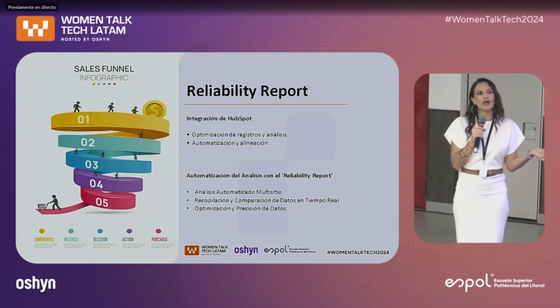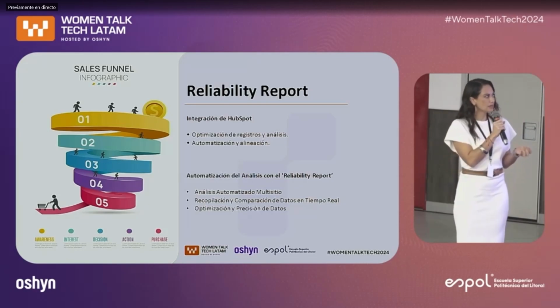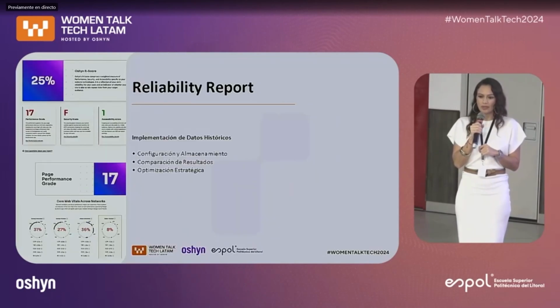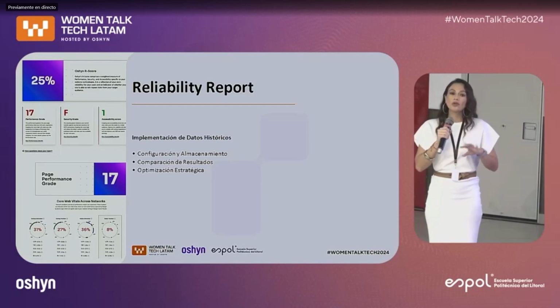So we have this process on the report. And we have used HubSpot because that helps us put together the context. We have valid context. We know what the current status of the page is, and we have been able to get the analysis from several sites. And we also have the implementation of historical data.